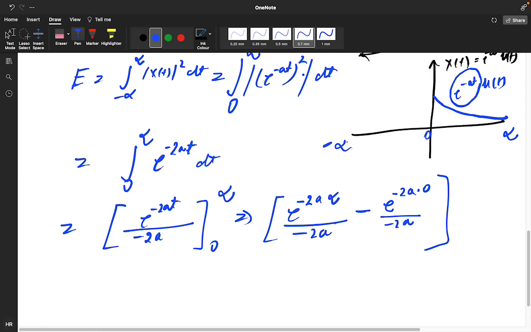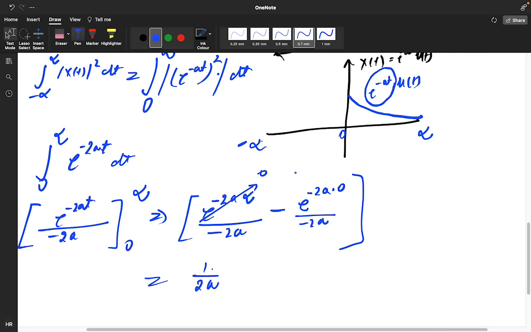E power minus infinite is 0, so the first term will become 0. Minus minus will become plus, and e power minus 0 is 1. So you are getting 1 upon 2a.